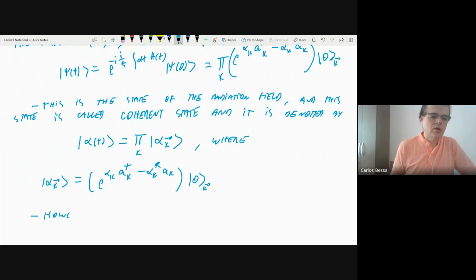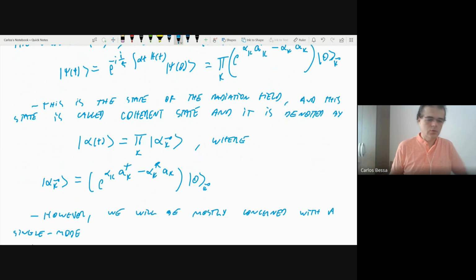So this is the coherent state. However, we will be mostly concerned with a single mode coherent state.